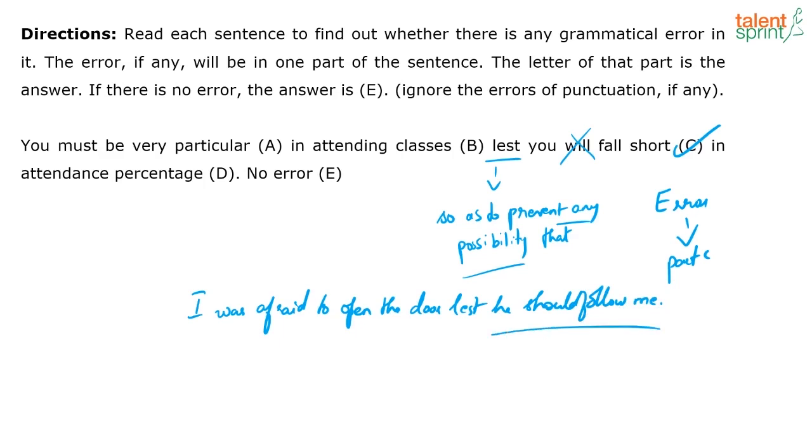In case he decides to follow me, I didn't want to get into that situation. To prevent the possibility of him following me, I was afraid to open the door. So here, the error is in part C, I need to delete will. I can either add should or leave it out. So I can just say, you must be very particular in attending classes lest you fall short in attendance percentage.